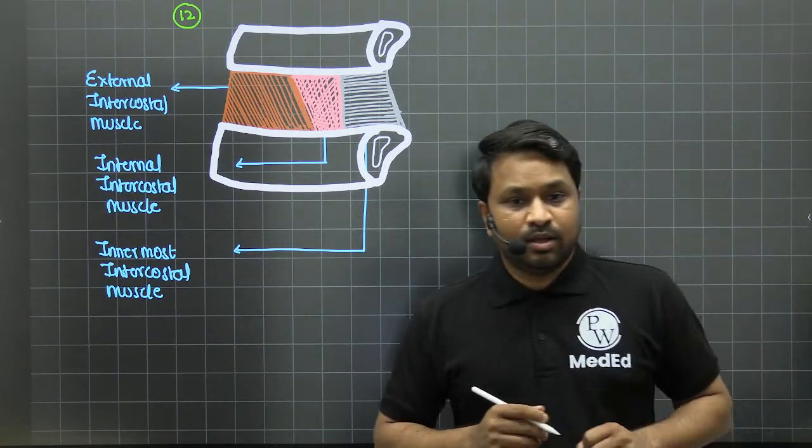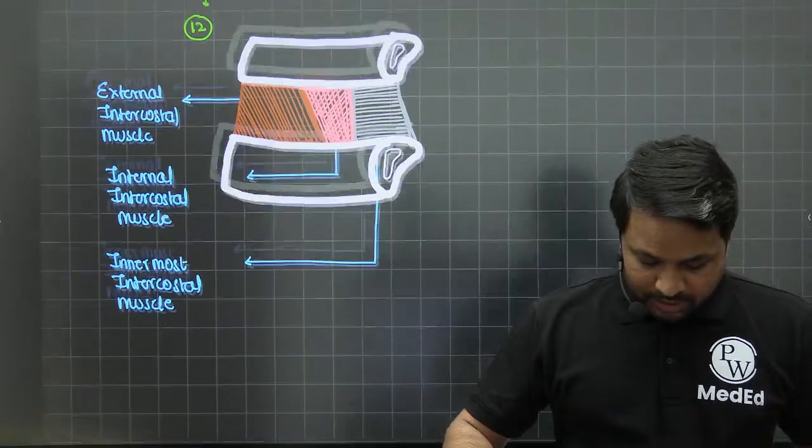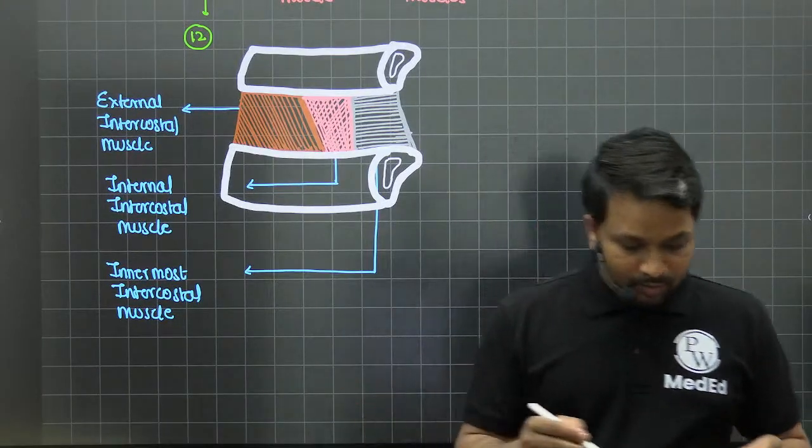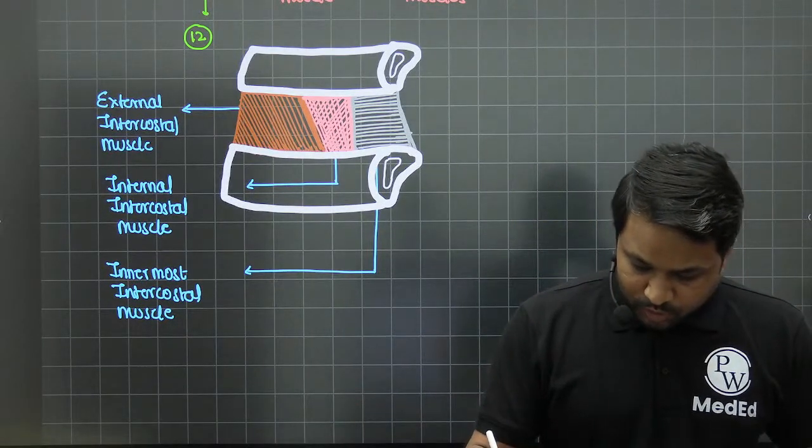Now, what is interesting is between the internal intercostal muscle and the innermost intercostal, you have the neurovascular bundle.